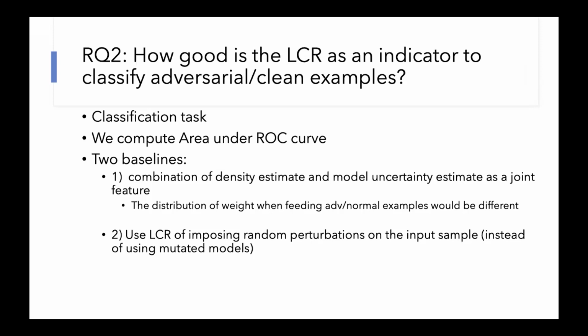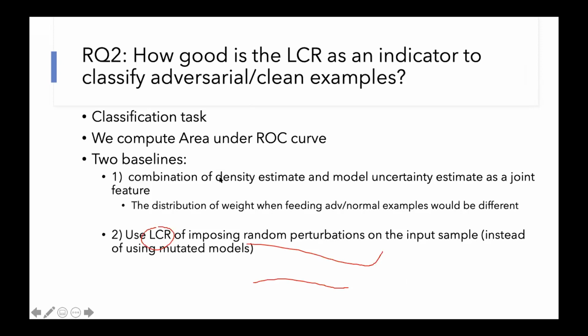Okay, I see. The second one is easy to understand. They compare the random perturbation with the adversary samples, to see the difference of LCR. And the first baseline, with the same adversary samples, compares the LCR.